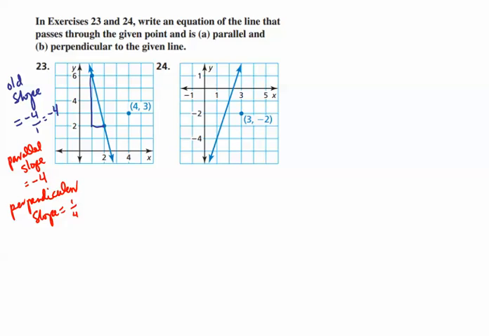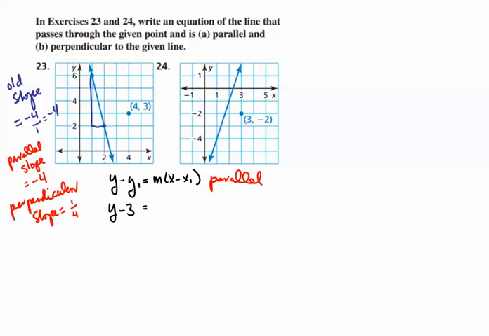So what I do here then is I'm going to set up two different point slope forms. y minus y1 equals m times x minus x1. We'll call this one the parallel line. If I'm parallel, I want to have the same slope. In either case, I'm going to pass through y equals 3.